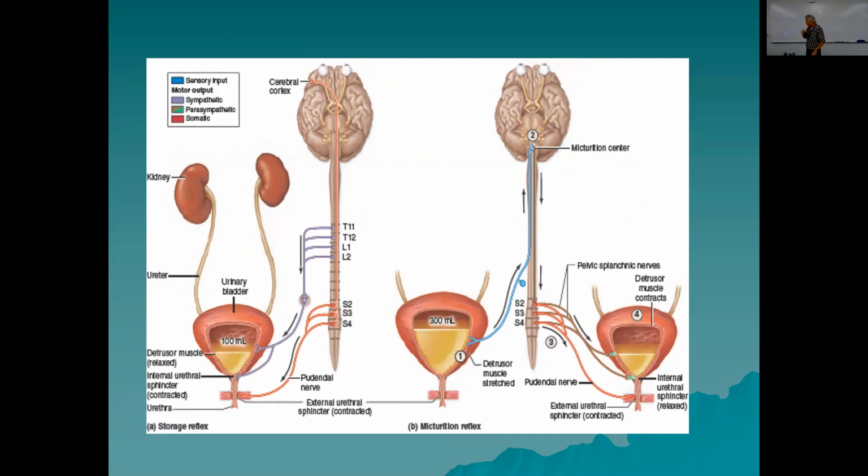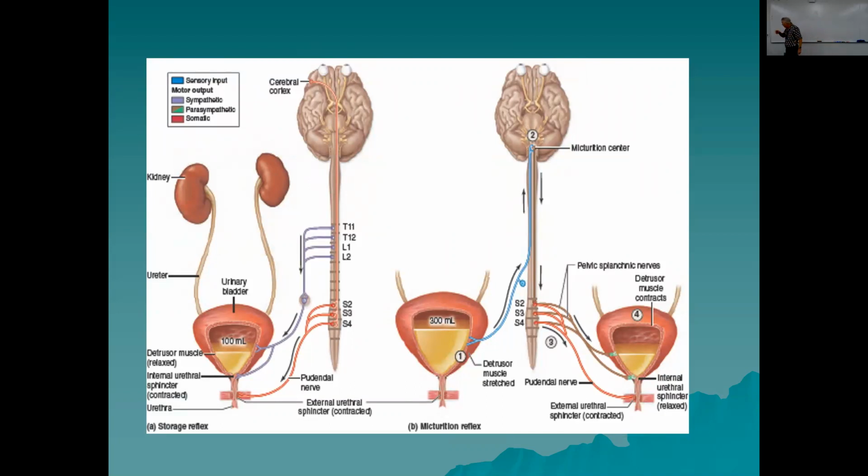This is detected by stretch receptors, proprioceptors, which send information into the spinal cord to the micturition center. Then parasympathetic nerves travel down through the spinal cord, out through the pelvic splanchnic nerves, and to the internal sphincter to open it up.